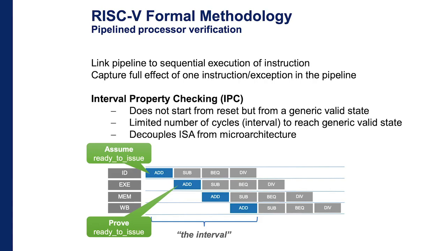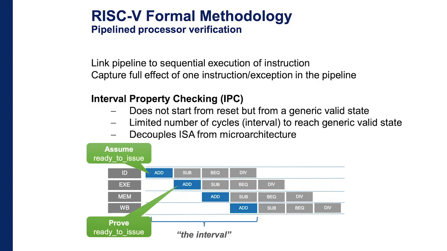And the meaning of this is that the instruction is captured standalone, and it does not start from reset, but from a generic valid state. So you will see in the next slides what this looks like. And the interval is basically a limited number of cycles to reach the generic valid state.